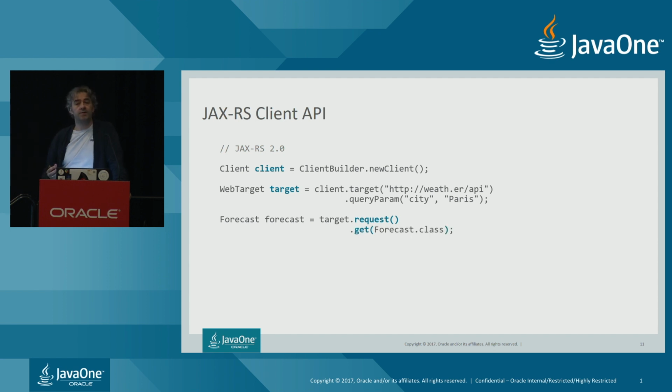Then at some point I will tell my client container to issue that REST request. In this case, for example, this is a GET request. It could be a POST request, it could be a DELETE request, it doesn't really matter. And you see that what we are expecting to get in return is a forecast object.